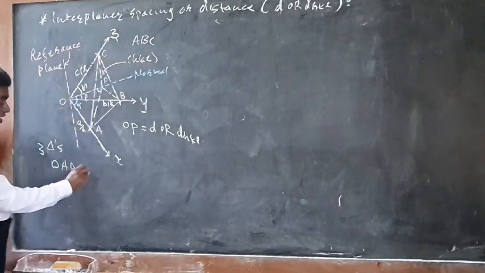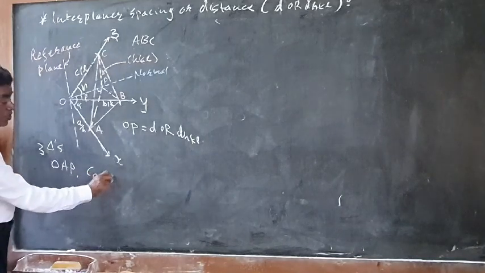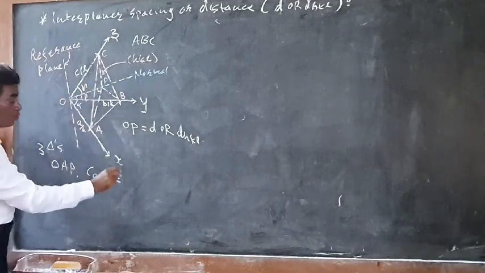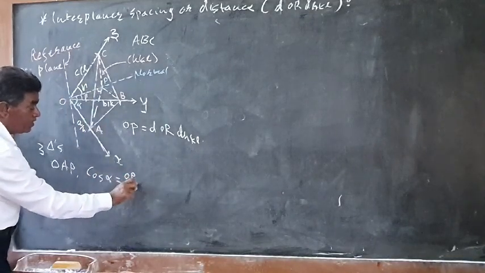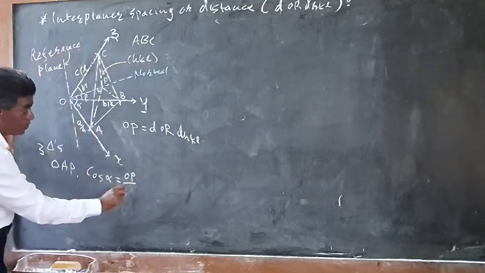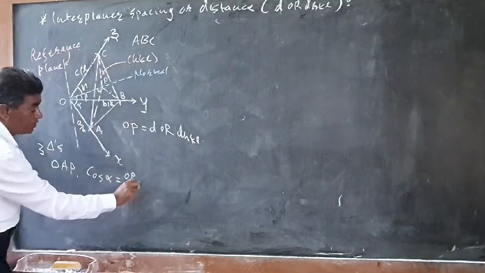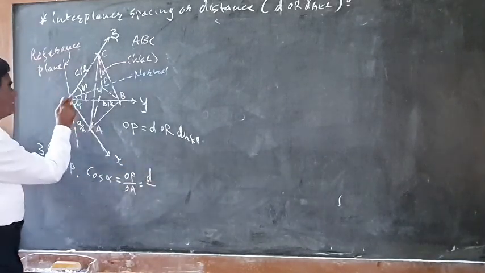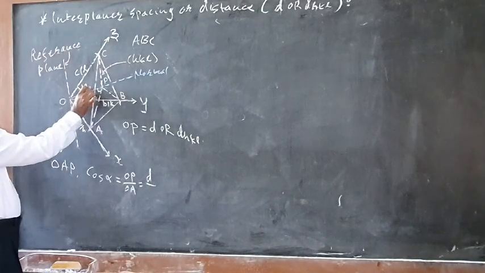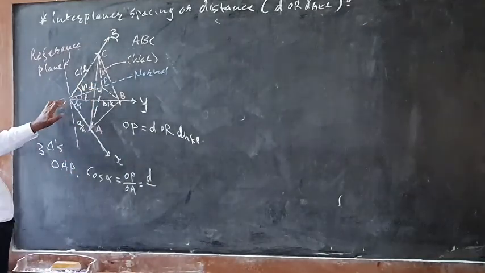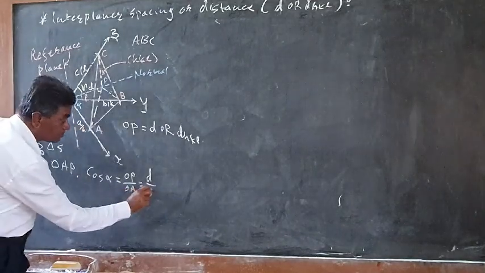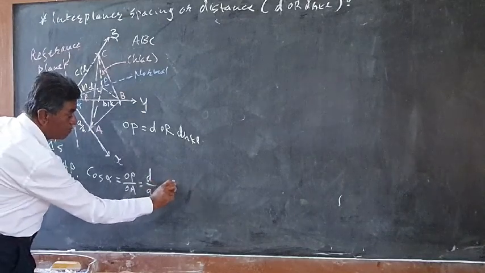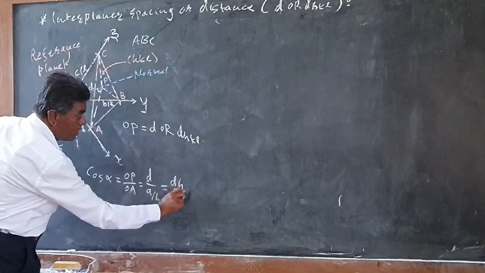From this triangle we can write cos alpha equal to this side, OP, divided by the hypotenuse, OA. OP is nothing but d, the interplanar spacing, and the hypotenuse is a by h. Then h goes to the upper side, so cos alpha equals dh divided by a.